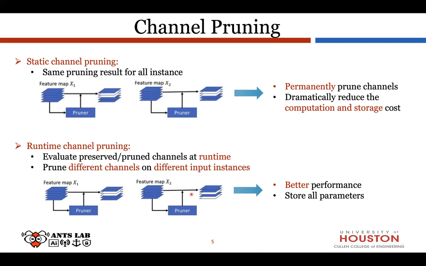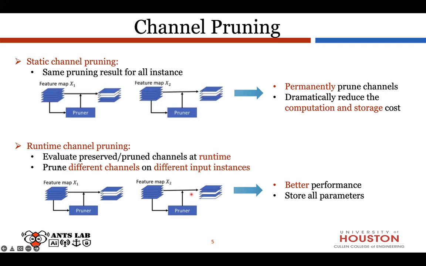Because for the static channel pruning, you can determine beforehand which filters have been deleted or which channels have been pruned, so you don't need to do that during the inference time. But for the runtime channel pruning, it looks like it will be slower, right?